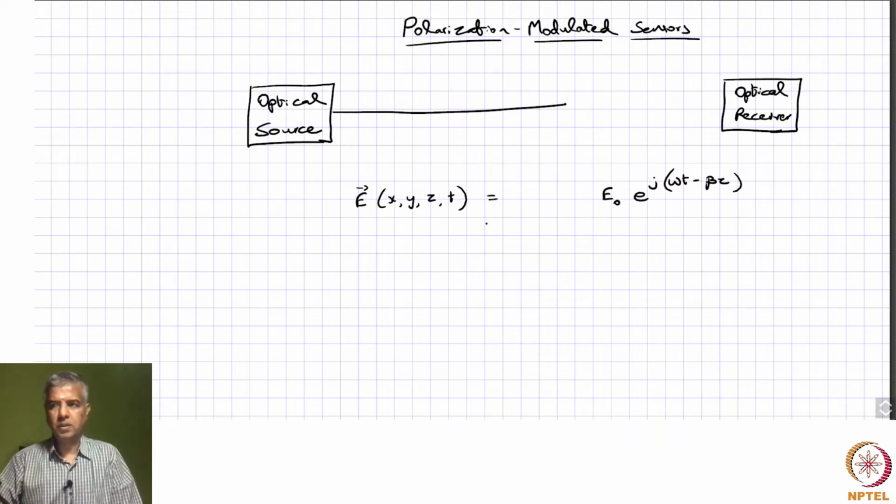When it comes to polarization of light, let's model the fundamental mode as a plane electromagnetic wave. If propagation is along the z direction, then the wave has polarization components in the transverse plane, that is, the xy plane.